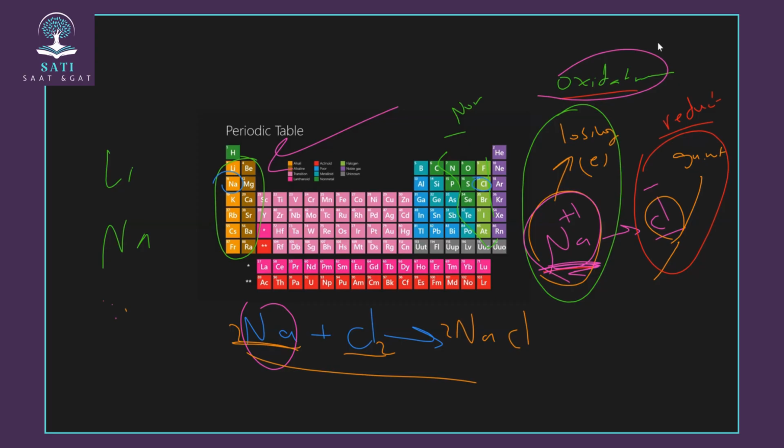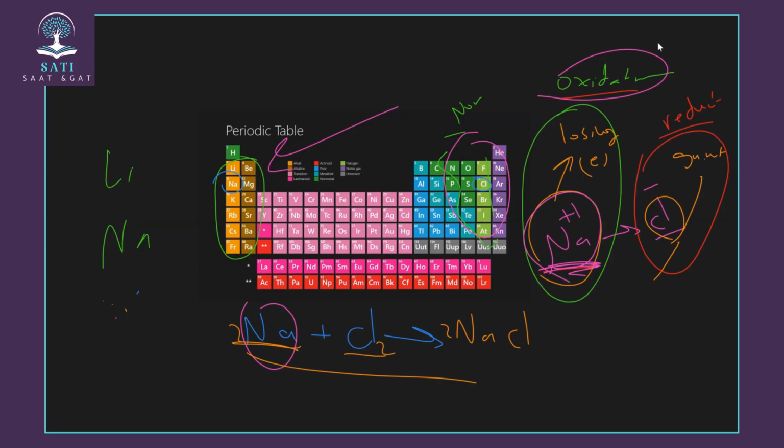And reduction happens for the elements on the right of the periodic table, and usually these are non-metals. Good. So we understand now what reduction is and what oxidation is.